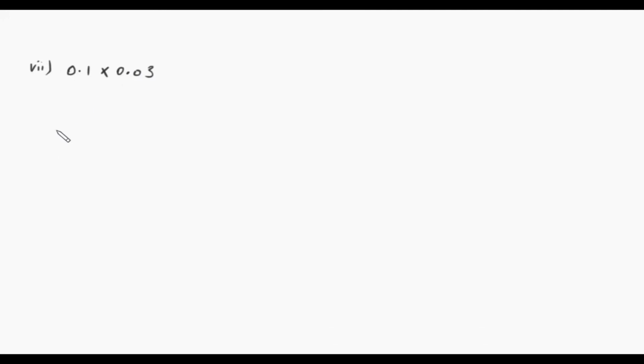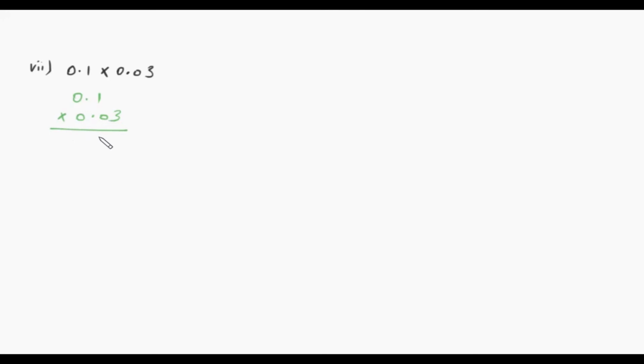How do you work out this one? Sometimes you can just do this. You can just say, okay, I have 0.1 times 0.03.